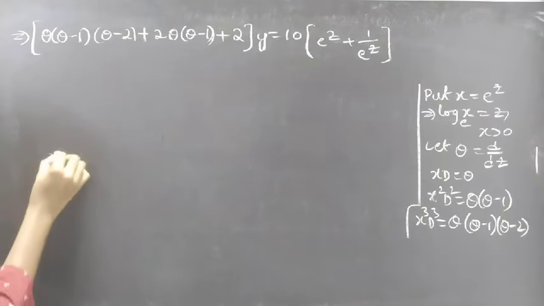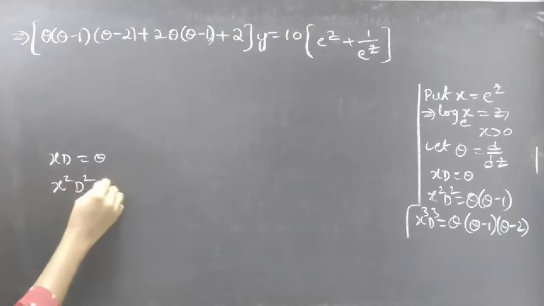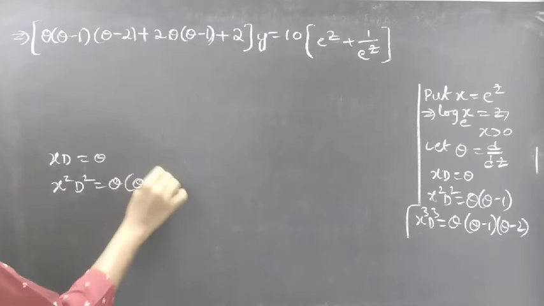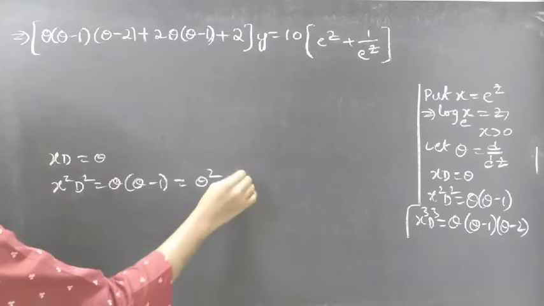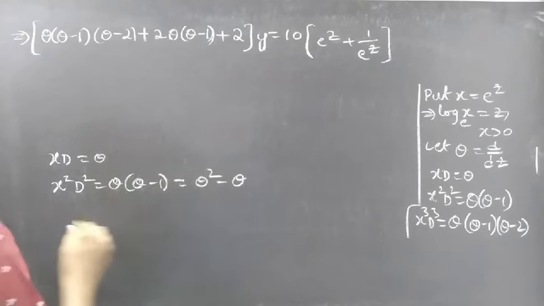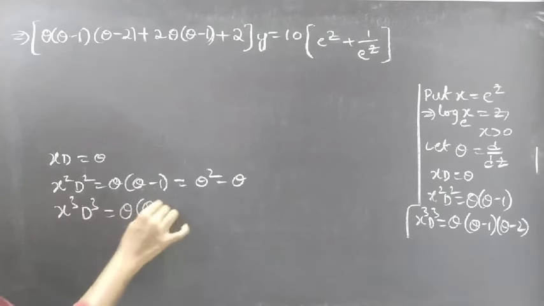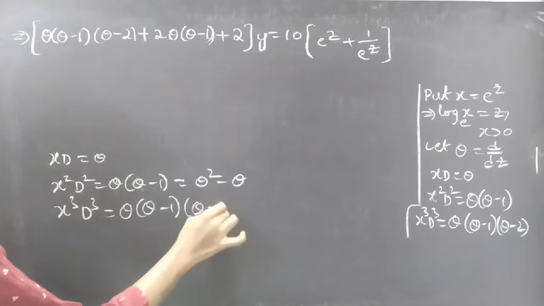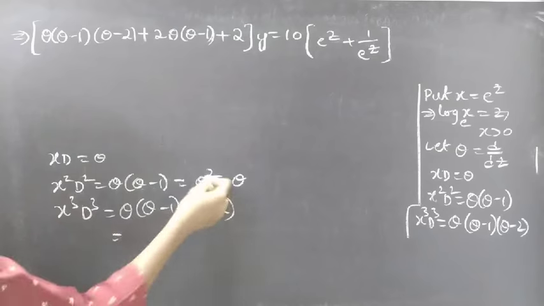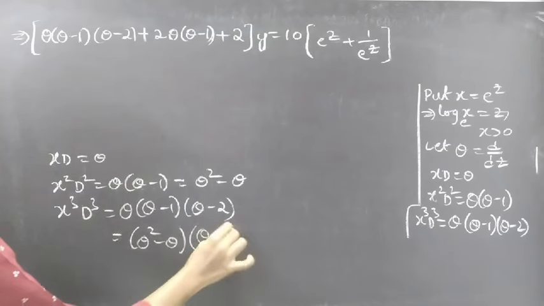So we have xD equals theta and x square D square equals theta of theta minus 1, right? We can write it as theta square minus theta. Now coming to x cube D cube, this equals theta of theta minus 1 into theta minus 2. We know that theta into theta minus 1 is theta square minus theta, into theta minus 2.